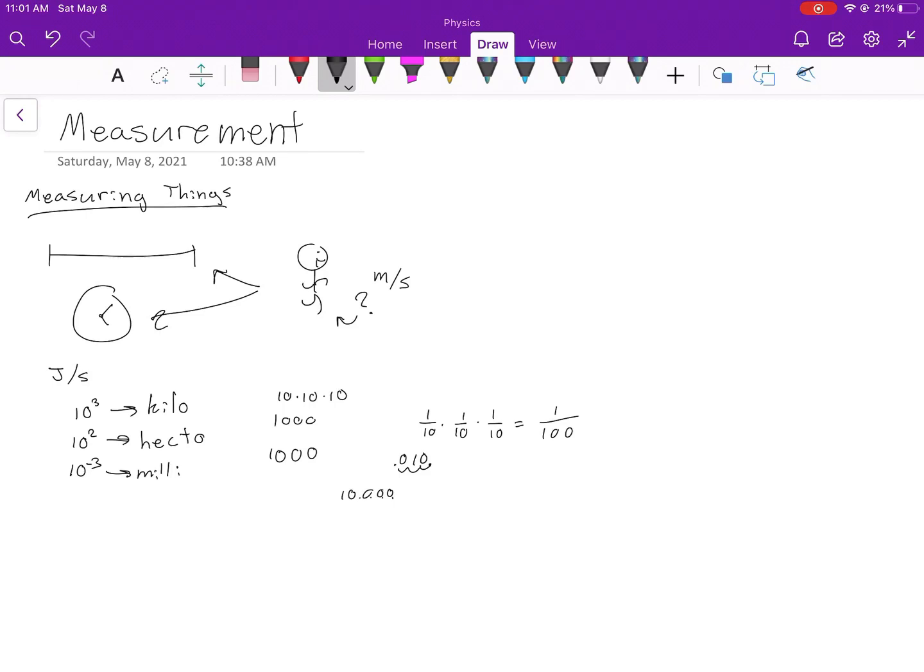No, you would actually, if we have 10 to the third, we would bring the decimal place 2 places out. So 1, 2, because we already multiplied by 10, so we can't bring it out for the first time. And same with 10 to the negative 3. You would only do 2 to the left.